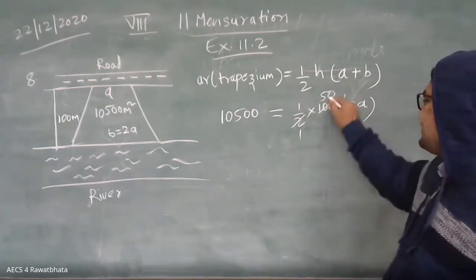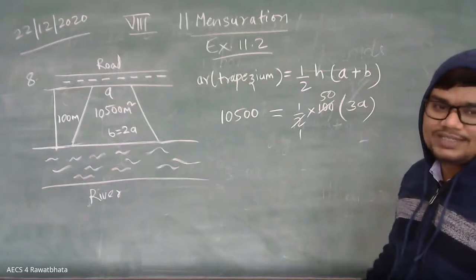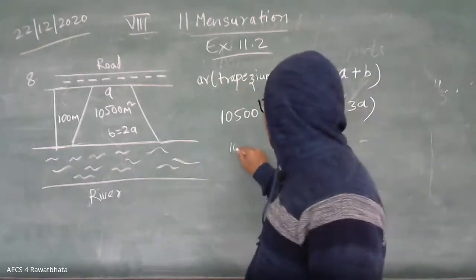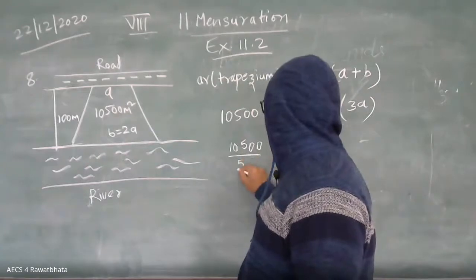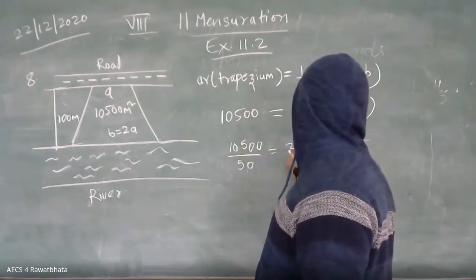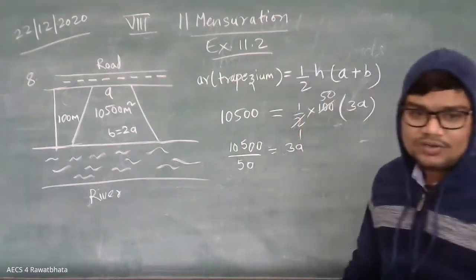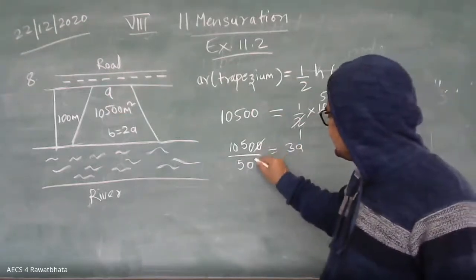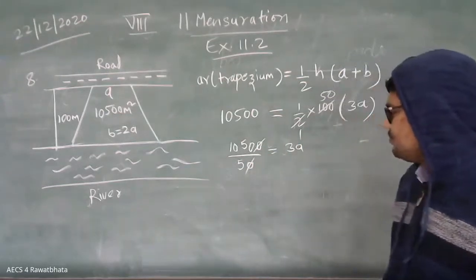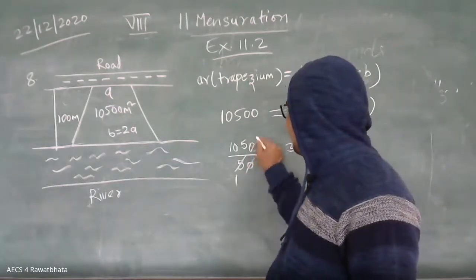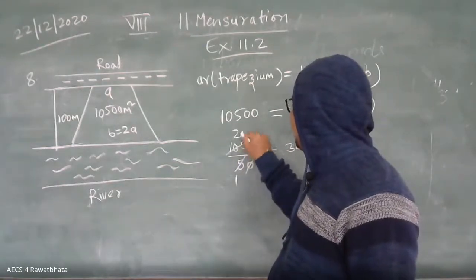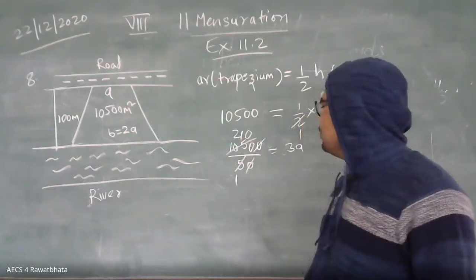Now we can transpose this 50 to the other side. So 10,500 divided by 50 is equal to 3a. We can cancel the 0, and cancel 5 also: 5 ones 5, and 5 twos 10, 5 ones 5 and 0.